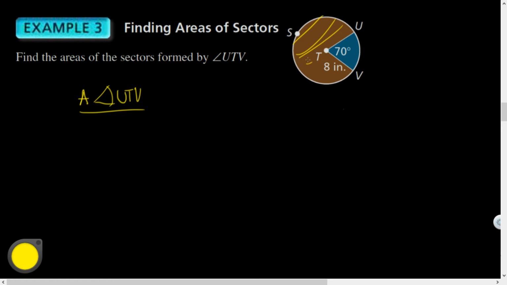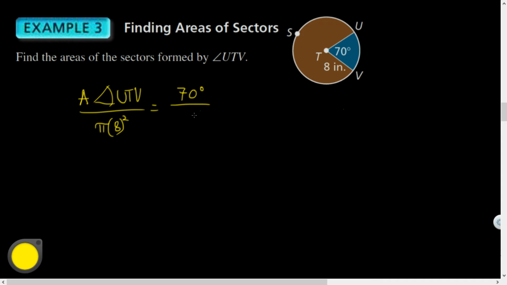What is the area of this entire circle? Pi times 8 squared, right? And that should proportionally be equal to the measure of the central angle compared to 360.